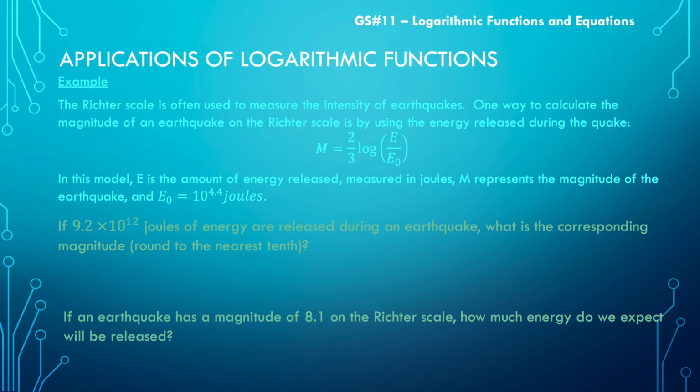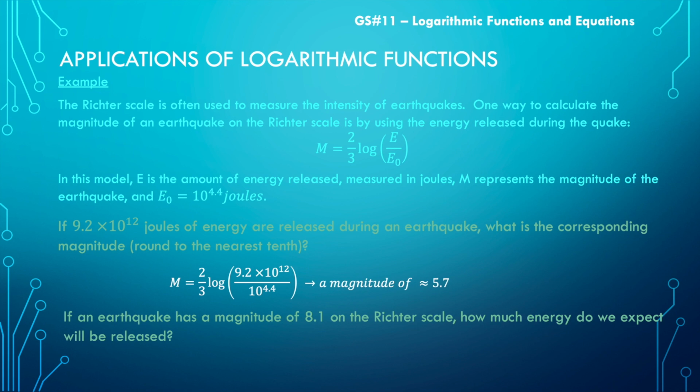Well, we're going to go ahead and use this equation and just sub in this 9.2 times 10 to the 12th for E and 10 raised to the 4.4 in for E naught. So let's go ahead and do that. And then we can just crunch this in our calculator. And when we do that, we get that the magnitude will be about 5.7 on the Richter scale.